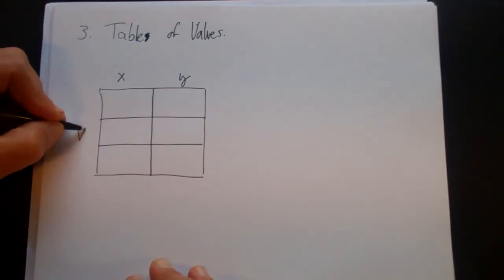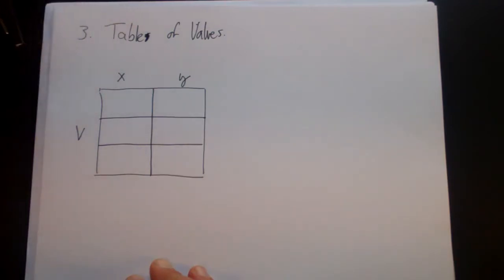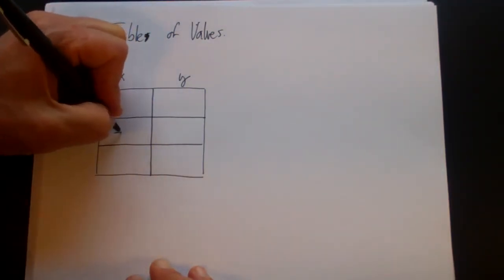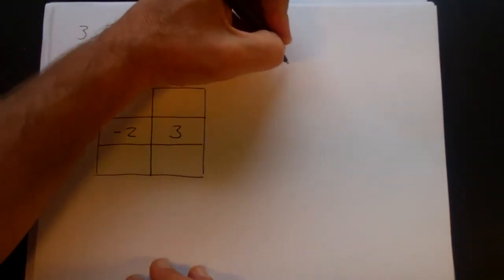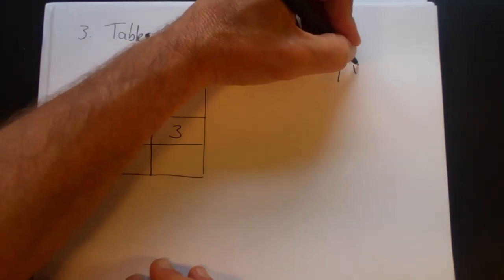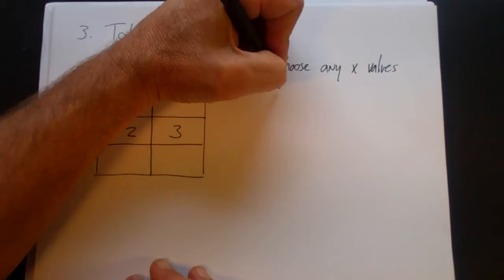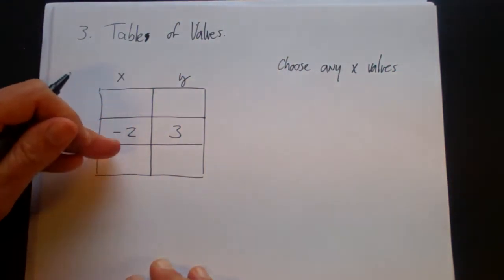The key is I'm going to put the vertex in the middle. I've already found the vertex, and the vertex is minus 2, comma 3. Now I'm going to choose any x values that I wish, as long as some of the x values are greater and some are less.